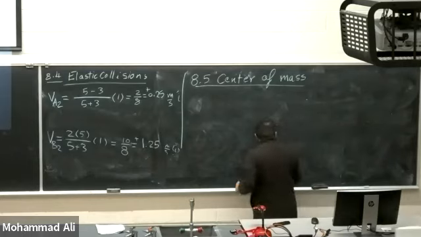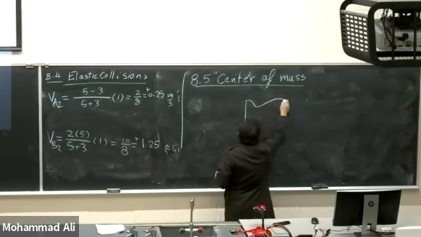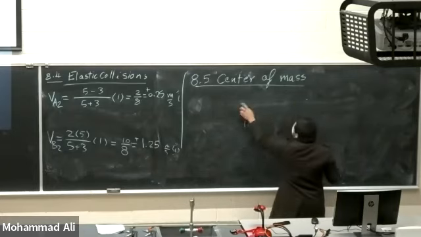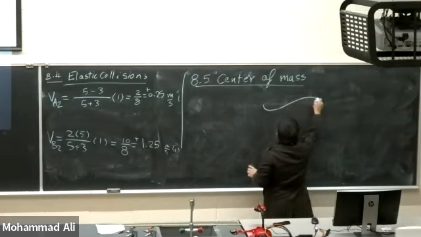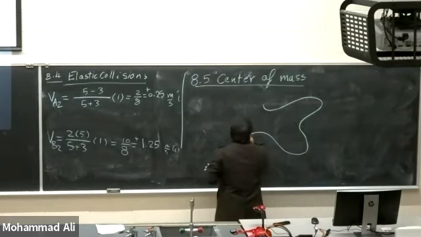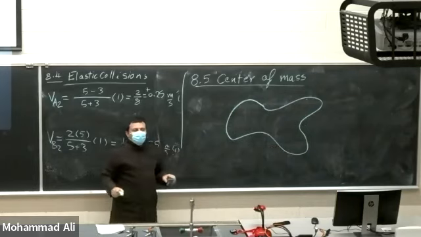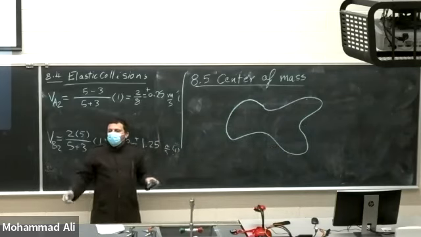We have this shape. No, not this one. I will take this one. How can we know the center of mass of this shape? It is not uniform. What can we do?